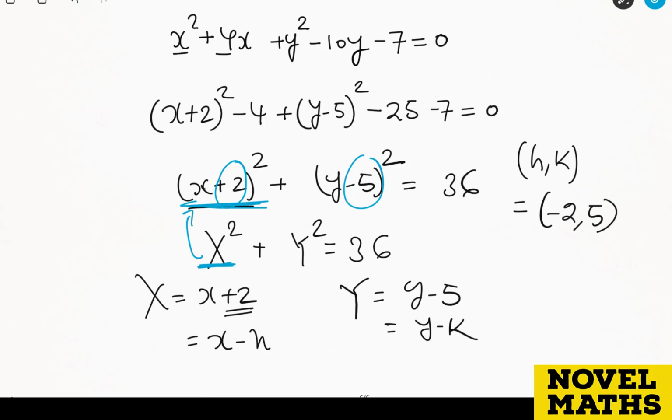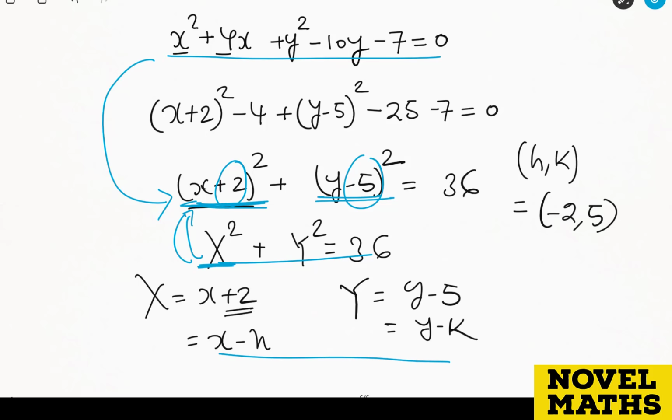If this is easy to do, you can do it this way. I hope this was not confusing. You have to just transform into some plus and minus, create another variable and compare with the equation. So x square plus y square is 36. So h and k is shifted to this point, negative 2, 5.